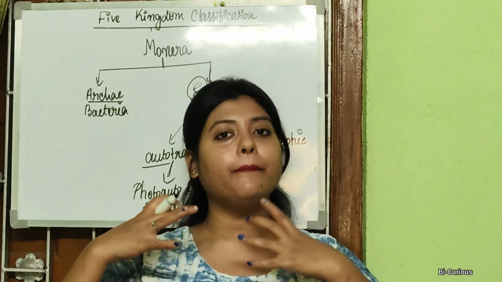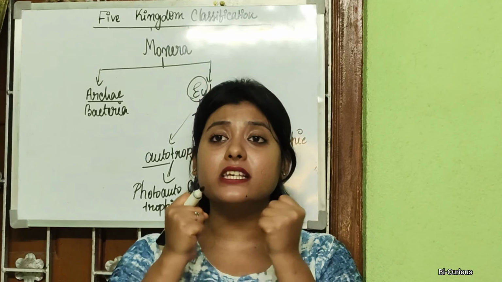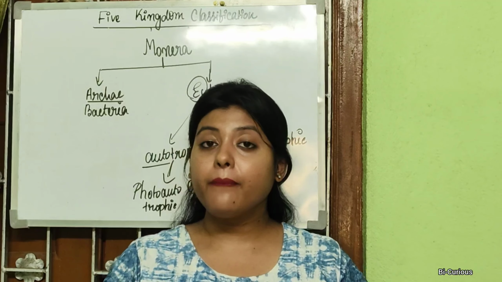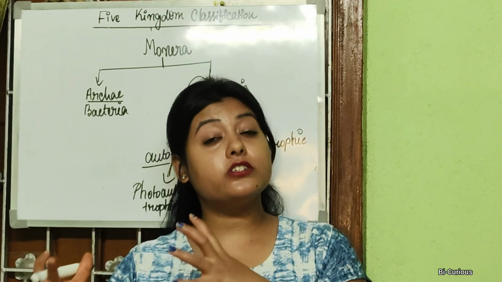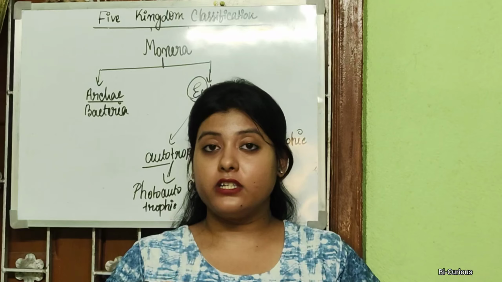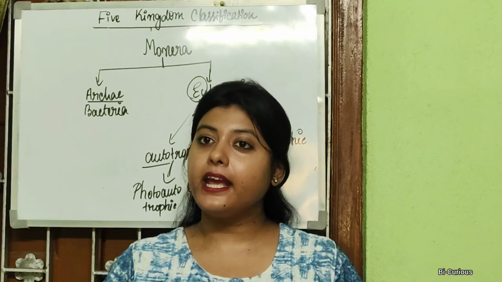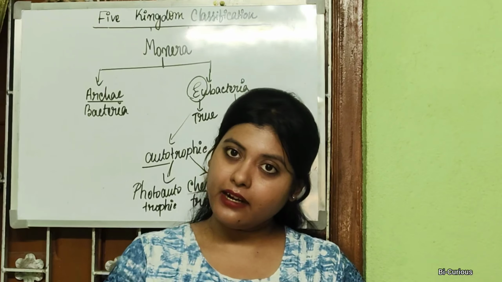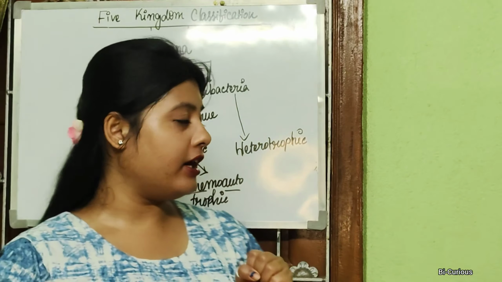Not only for us, for the bacteria also, because ATP gives huge energy to do our work on a day-to-day basis. So that is also important for the bacteria, and this is how they are capable of producing ATP. Clear? So these are the autotrophic modes.